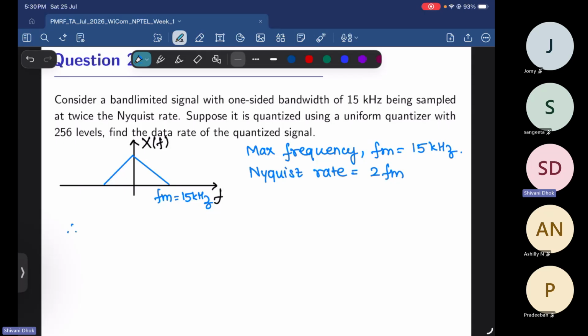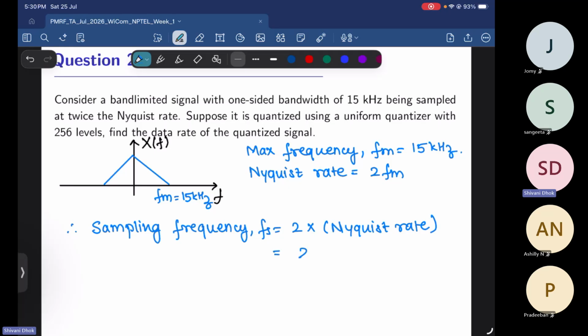Therefore the sampling frequency Fs is 2 times the Nyquist rate, that is 2 times 2 FM, or rather 4 FM.